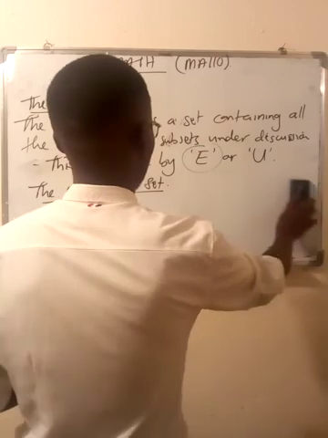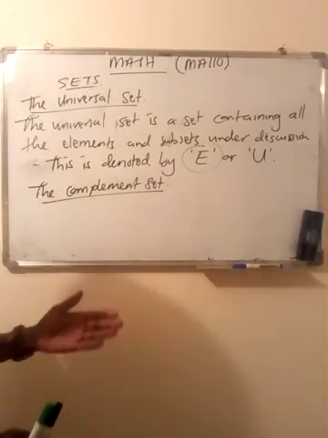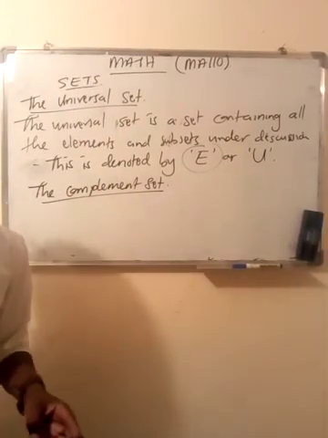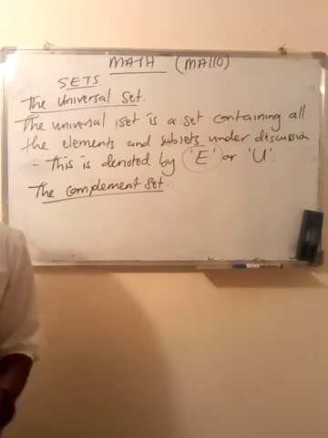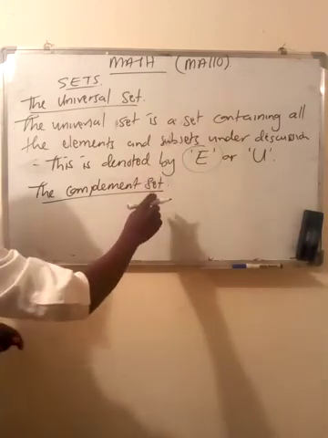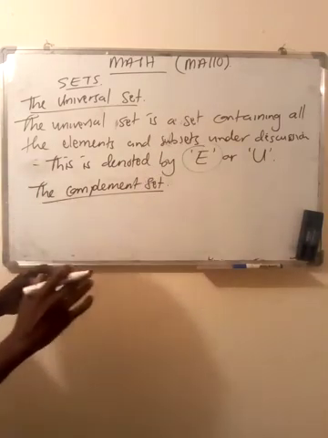Okay, so the complement set is a set of elements that are outside a given set, but within the universal set.